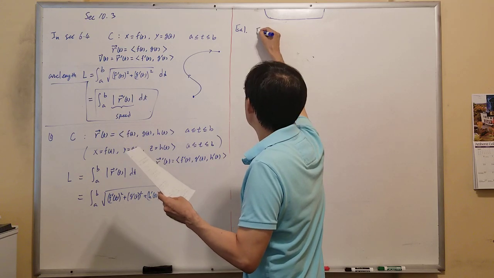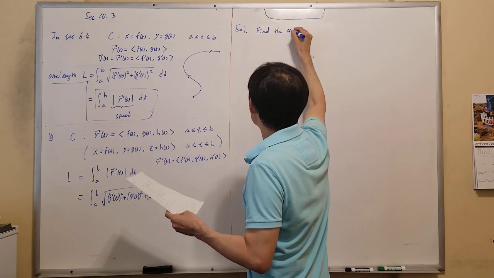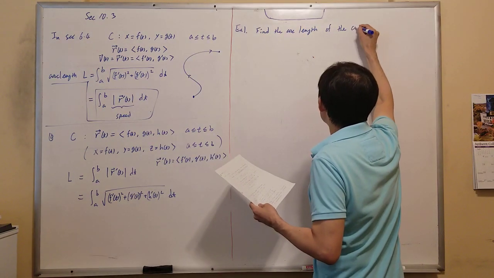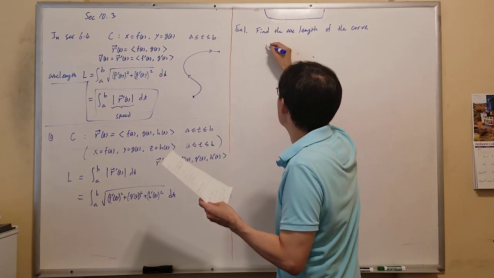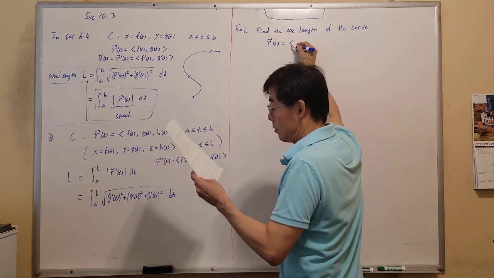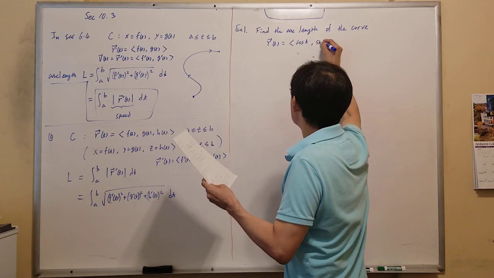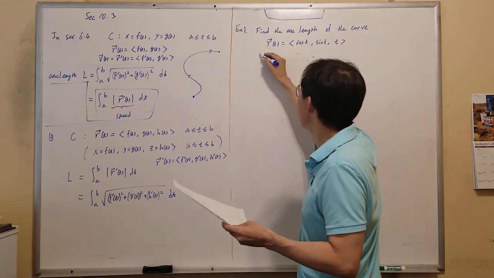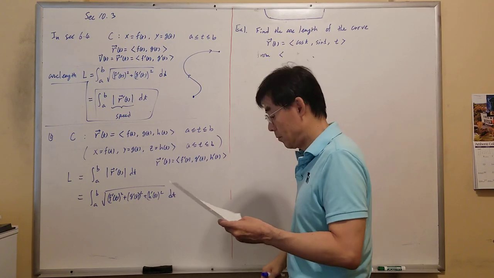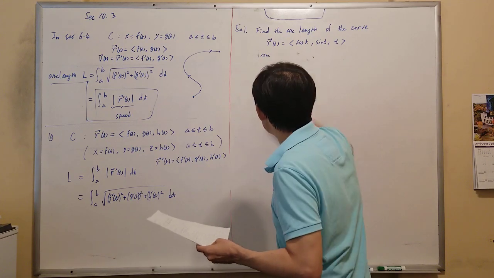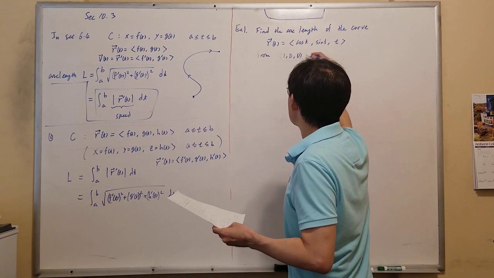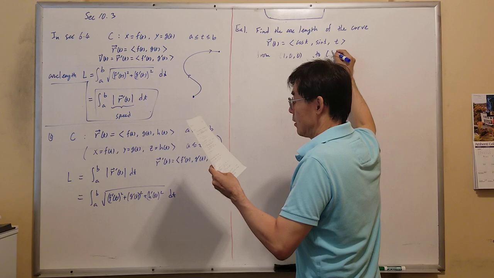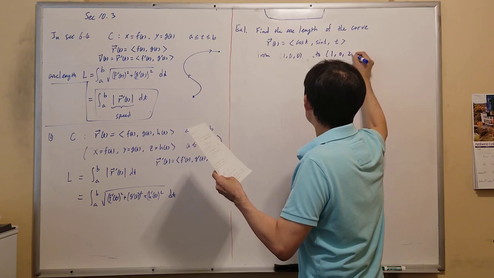Example 1. Find the arc length of the curve r of t equals cosine t, sine t, t, from the initial point 1, 0, 0 to I think 1, 0, 2 pi.